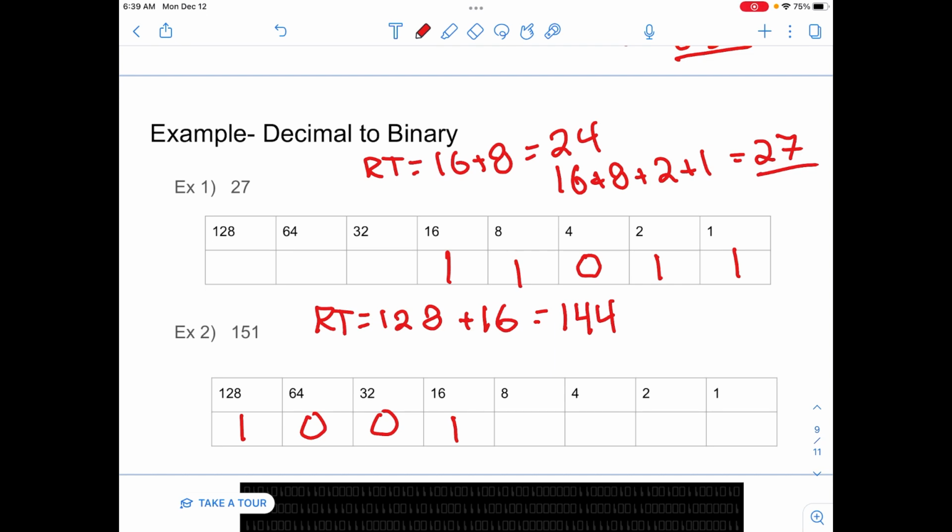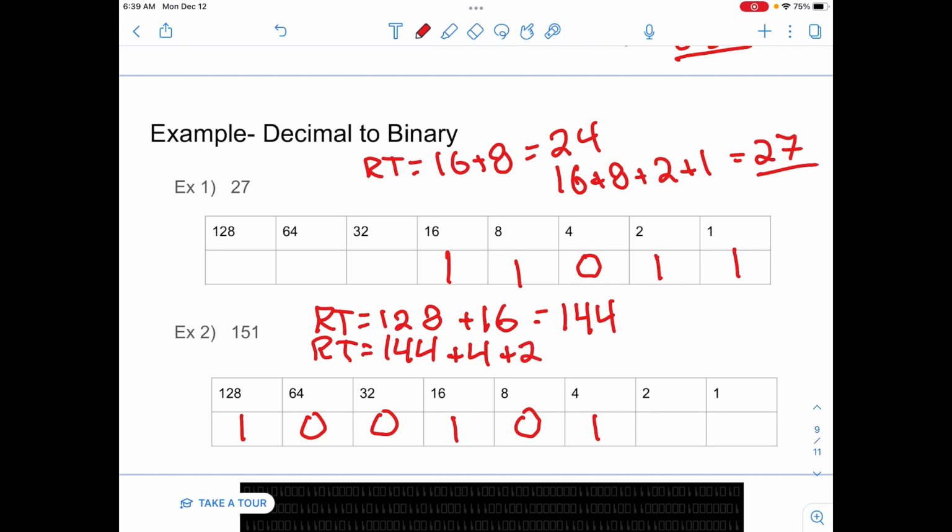So now my running total is 144. Let's include the 8. 144 plus 8 would be 152. That's too big. But I can include my 4. That would bring me to 148.